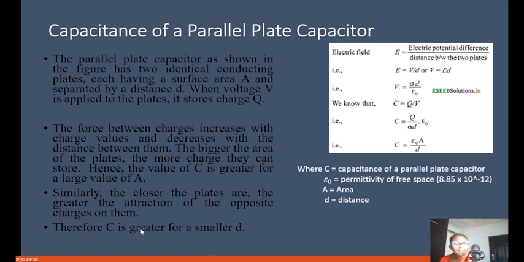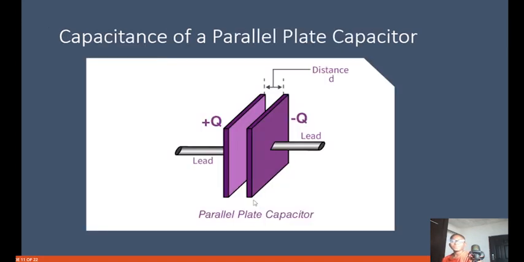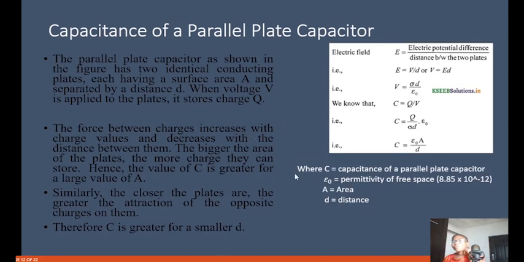What is this saying? It's telling us that the capacitance of a capacitor is inversely proportional to the distance. So the smaller the distance between these plates, the more the ability of the capacitor to store charges. That is what it's trying to say. And it is directly proportional to the area.